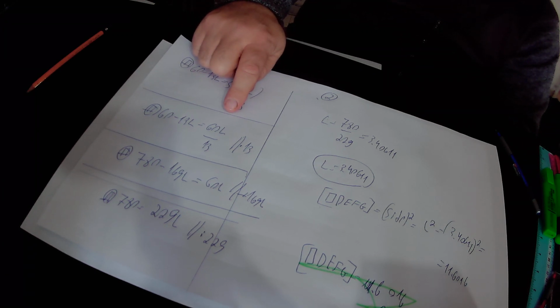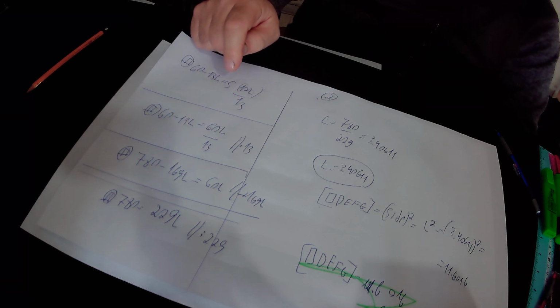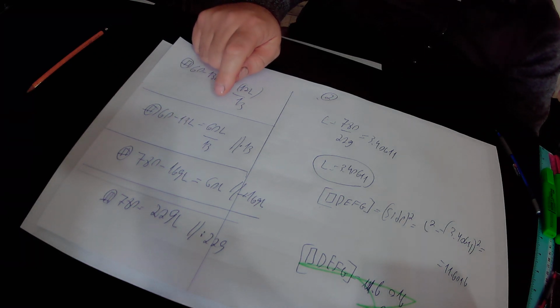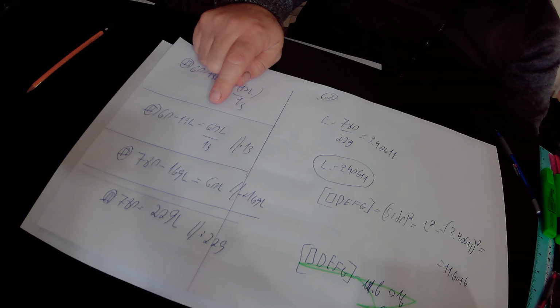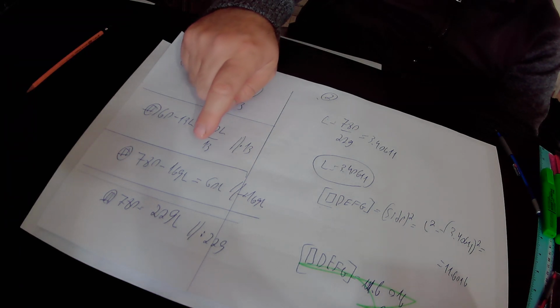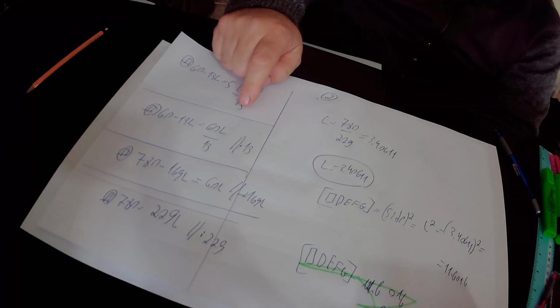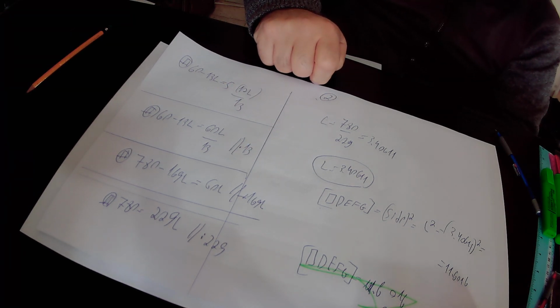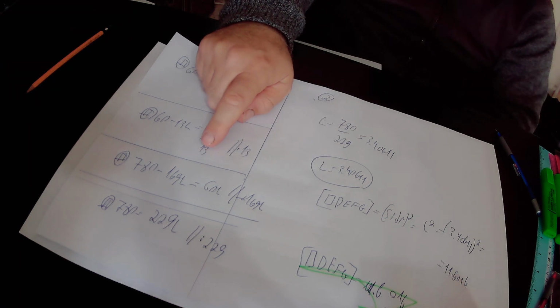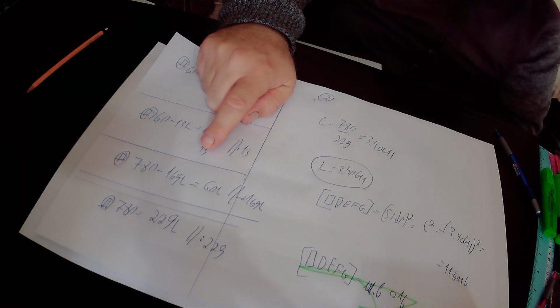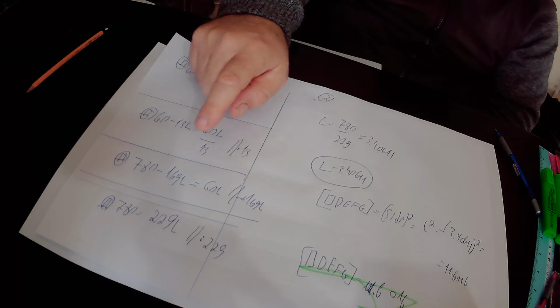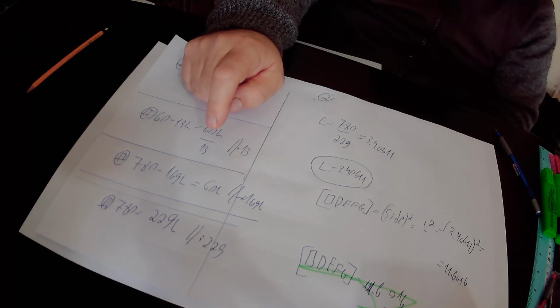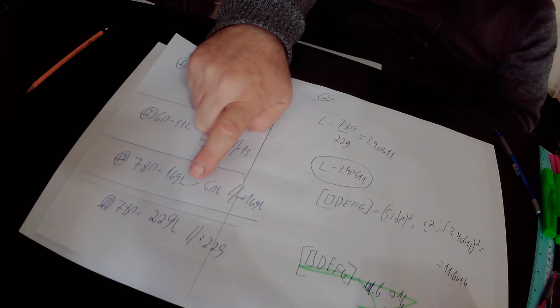Here we multiply this equation 2 by 13, and finally found that 13 times 60 is 780, and 13 times minus 13L is minus 169L, and it equals 60L. So here we added 169L to this equation, and found that 780 equals 60L plus 169L equals 229L.